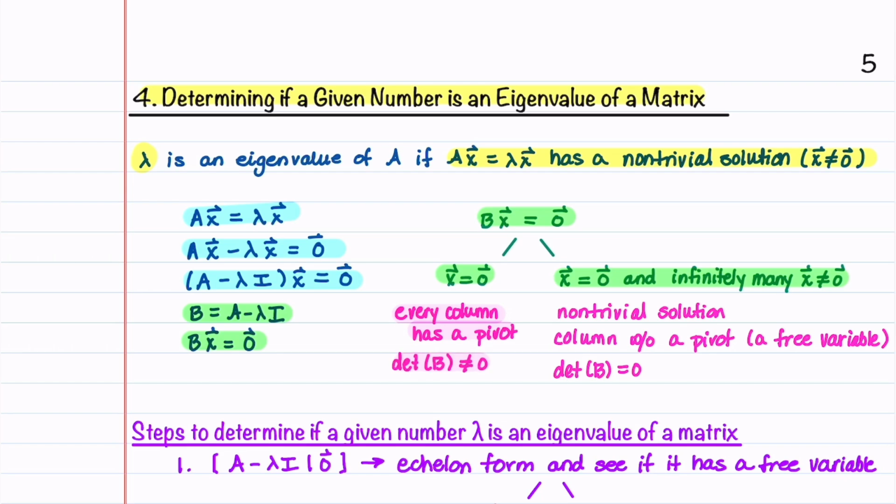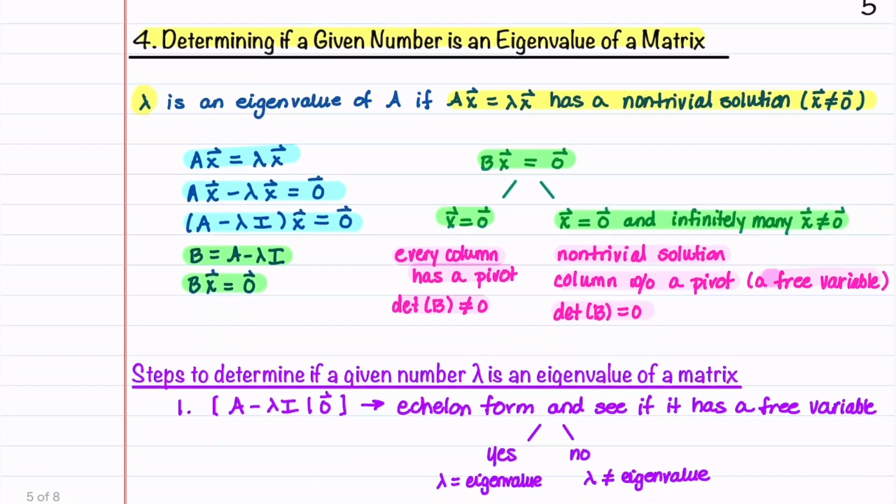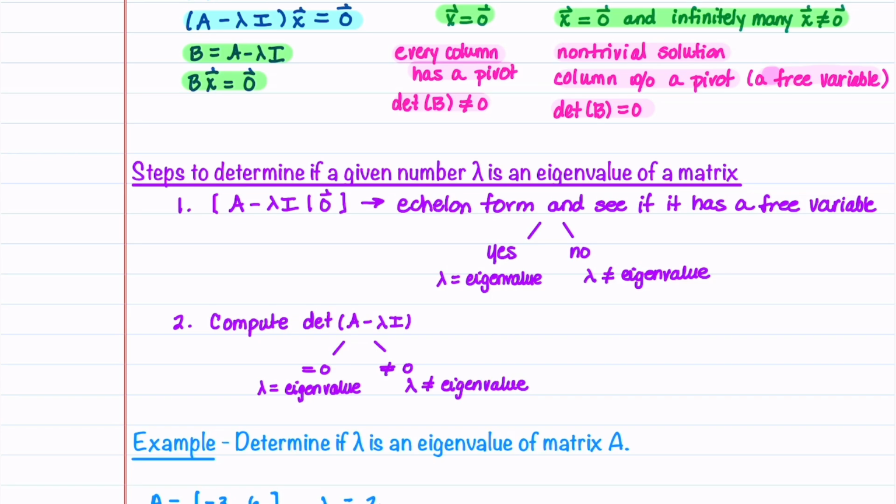If we have non-trivial solutions in addition to x equals 0, then there must be a column in matrix B without a pivot. In other words, there must be a free variable in matrix B. When we have a column without a pivot, our determinant is equal to 0. We can use this theory to write down two different ways to determine if a given number lambda is an eigenvalue of a matrix.